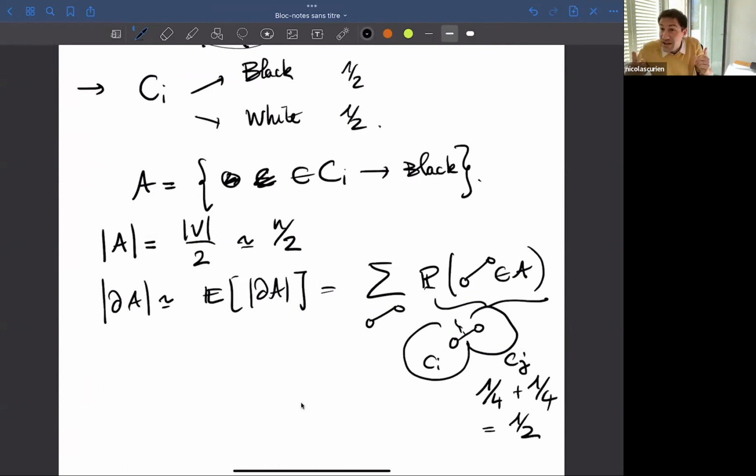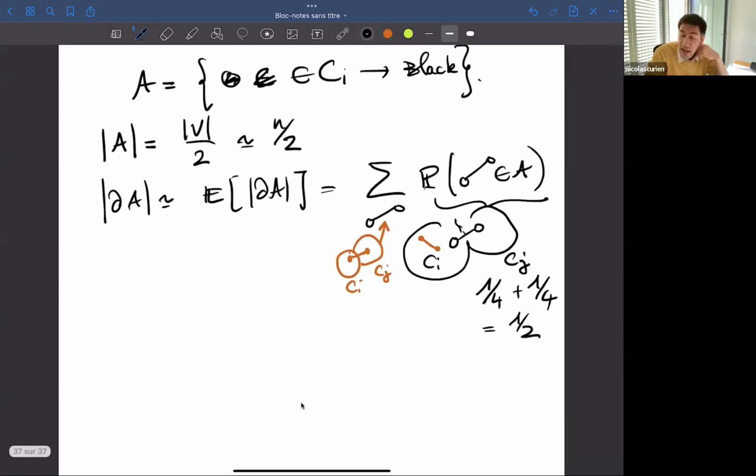What has changed here? What has changed is that if your edge is already inside a packet, then you know that it will be monochromatic. So here, you will not sum over all edges of your graph, but you will only sum over edges between packets, the edges in between two packets Ci, Cj. That's the only thing that has changed.